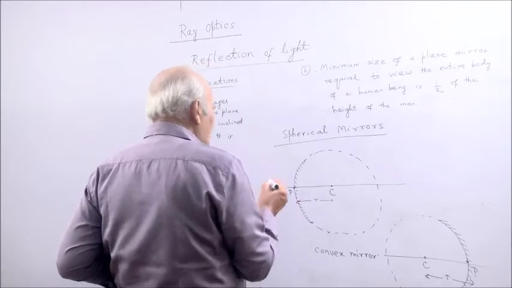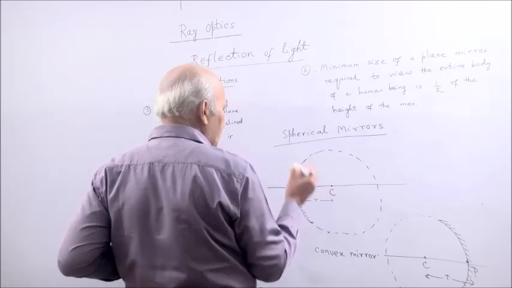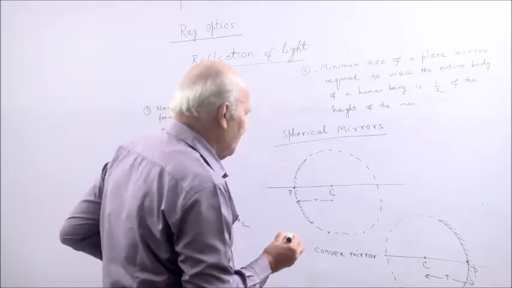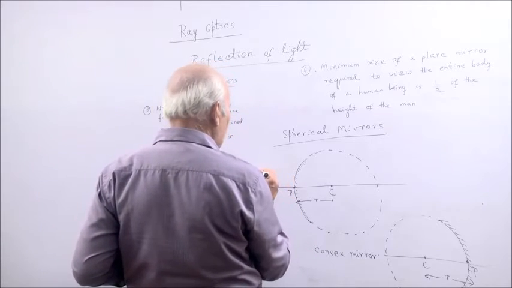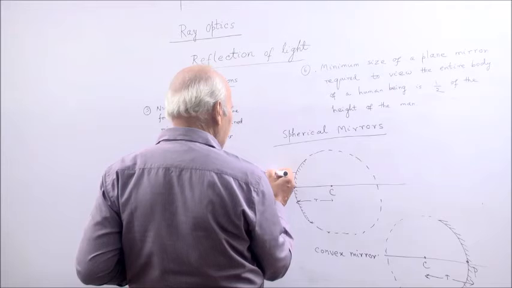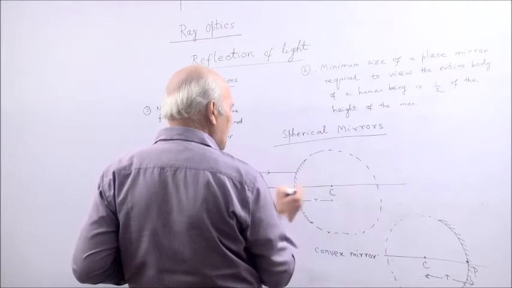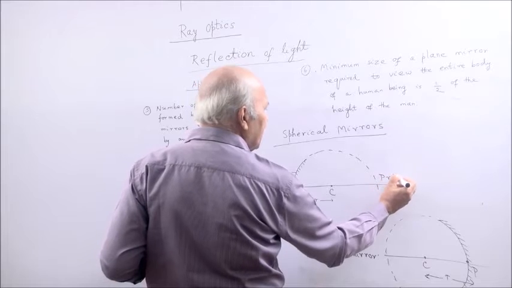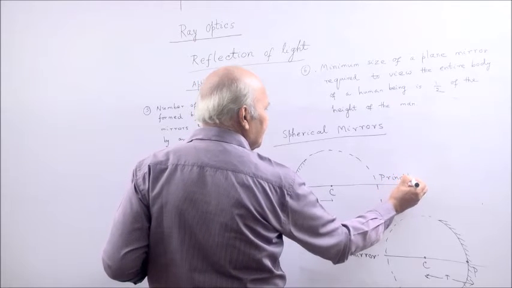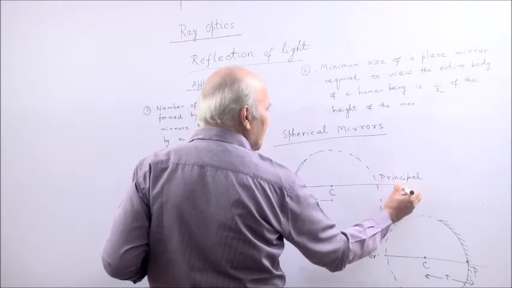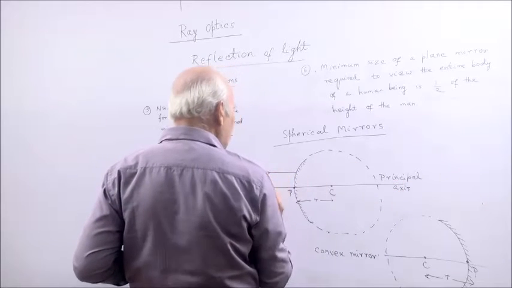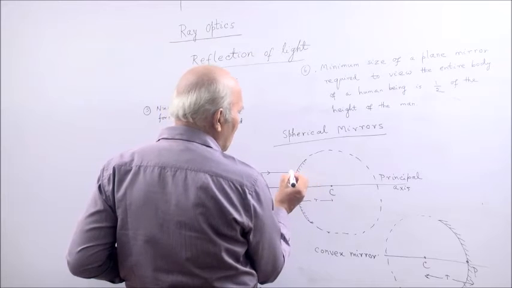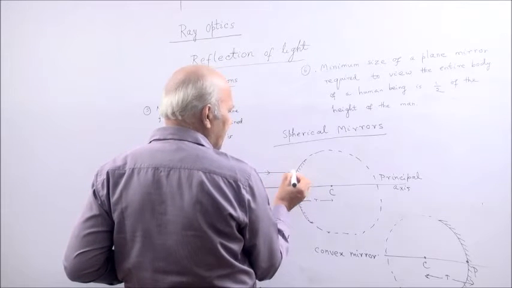So, here this type of convex mirror is found to have a virtual focus. So, what is the meaning of virtual focus? Suppose you have rays parallel to the principal axis. This is called principal axis that joins the pole and the center of curvature. So, if a ray is parallel to the principal axis, then what will happen? It will be reflected.